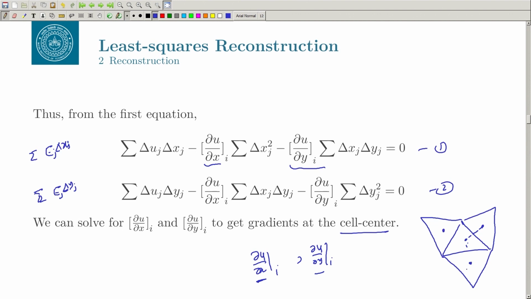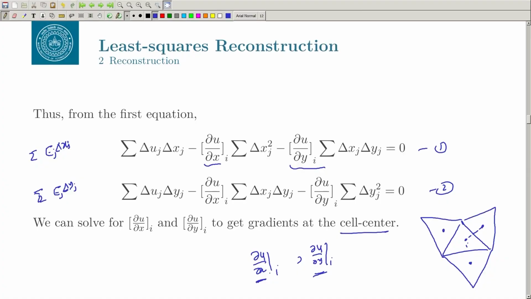In 3D you will have 3 gradients, partial x, partial y, and partial z, but you will also have more neighbors. Consider a 3D element. Let us say you consider a pyramid, you will have at least 4 faces. If you consider a triangular prism, then you will have 5 faces.